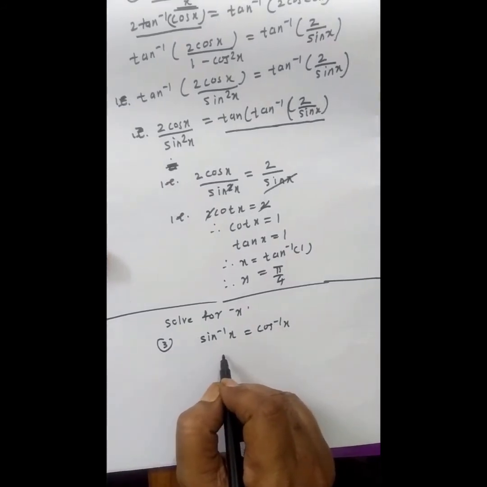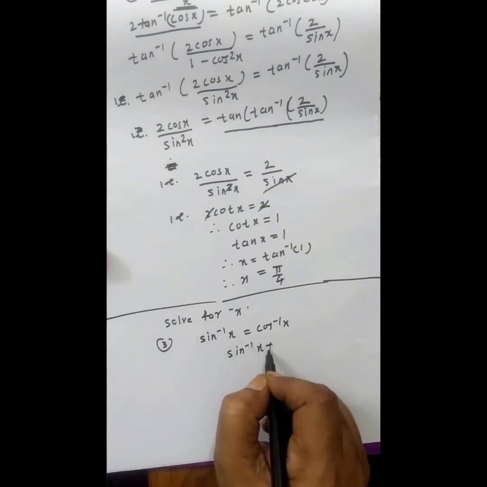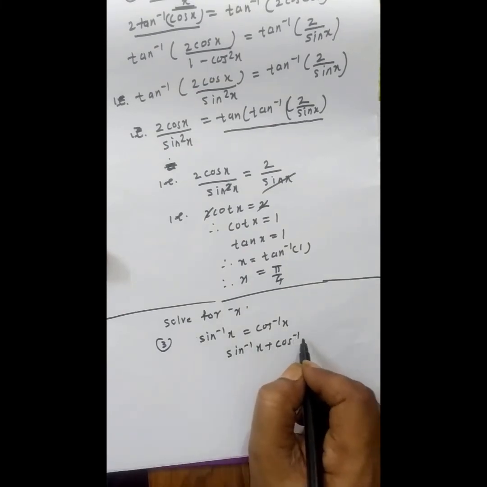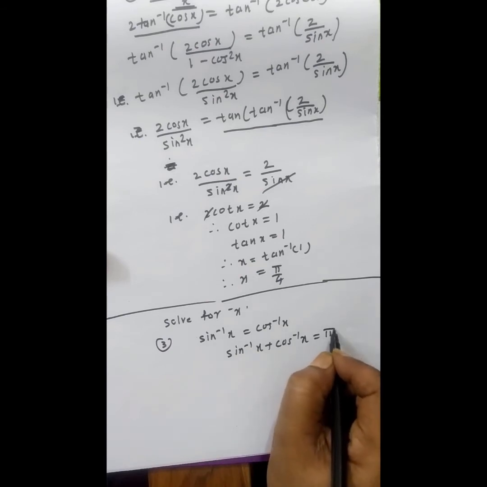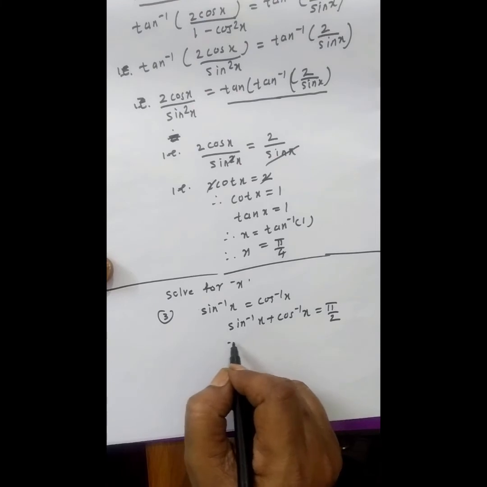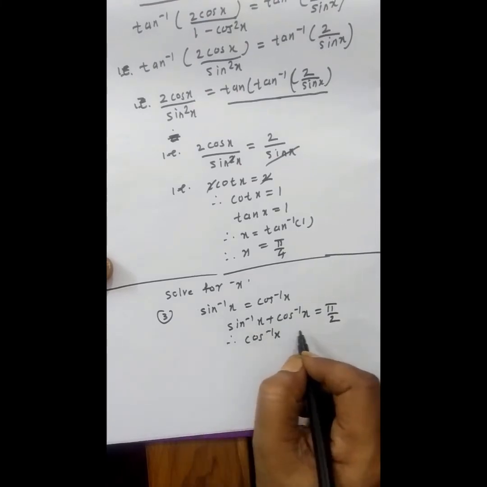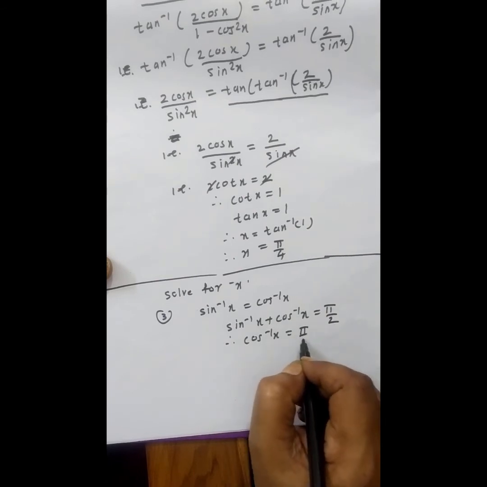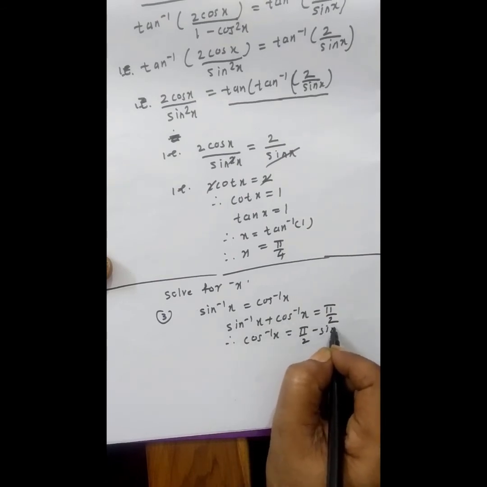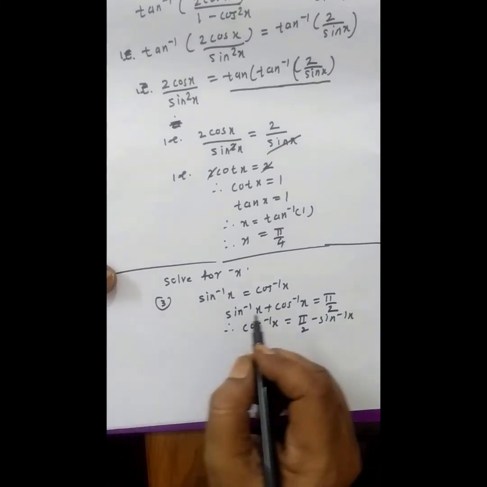We know that sin inverse of x plus cos inverse of x equals pi by 2. Therefore cos inverse of x is equal to pi by 2 minus sin inverse of x.